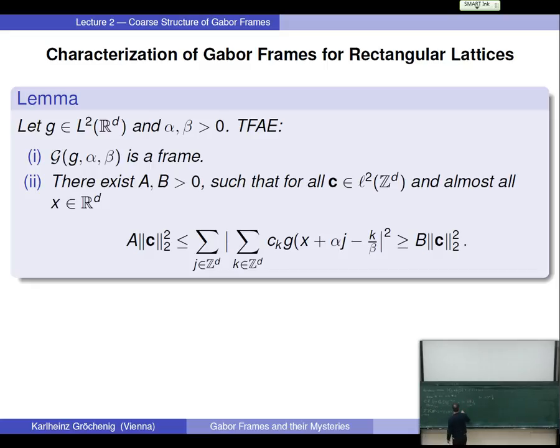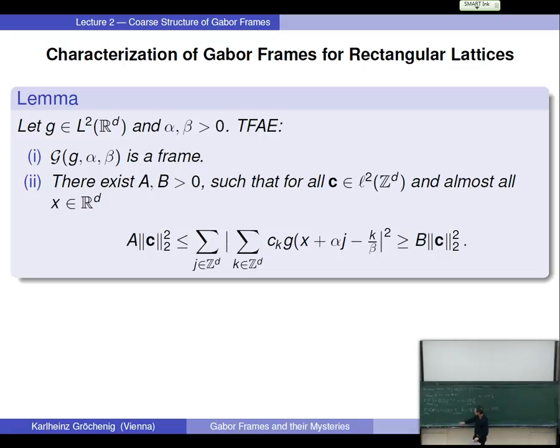Now I write it down: k over beta, l over alpha, sum over kl not equal to 0. So I bring this over, and it's just this sum, and that would be less than 1 over delta times the norm of g squared.